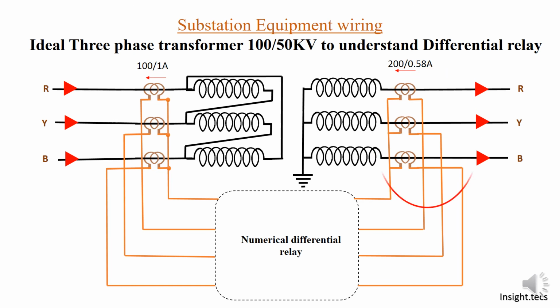There is no requirement to connect delta on one side as we have seen earlier. So this is simple star connected CTs on the primary and secondary side and a numerical differential relay. Then there are settings for an actual transformer that you have to do for this kind of connection of the CT and also to nullify the bias current. So the task has become very easy for the numerical differential relay.